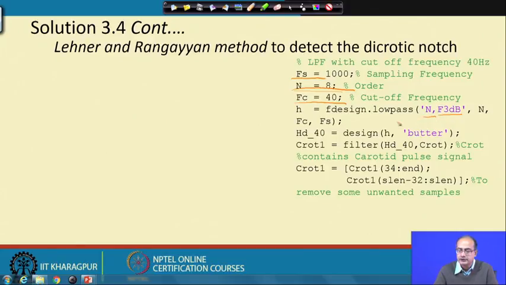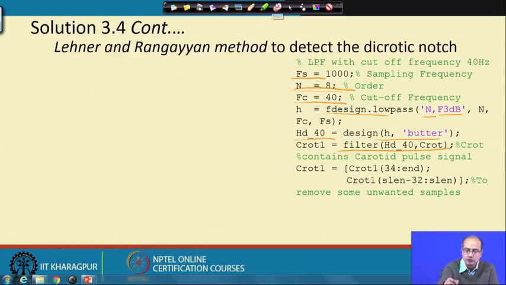We first create the design, then create the Butterworth filter out of that, 8 and 40, and apply it on the carotid pulse. Filtering the carotid pulse with that low pass Butterworth filter, at the end we get the signal, where we remove just some unwanted portion, keeping the 34 to end part.